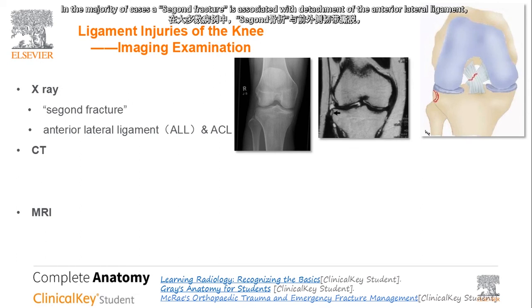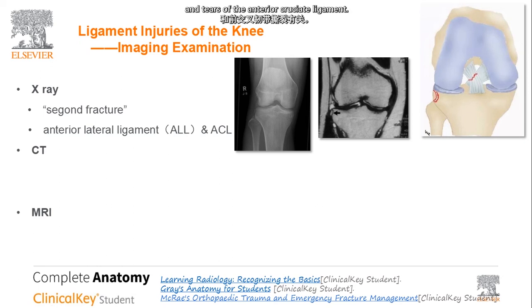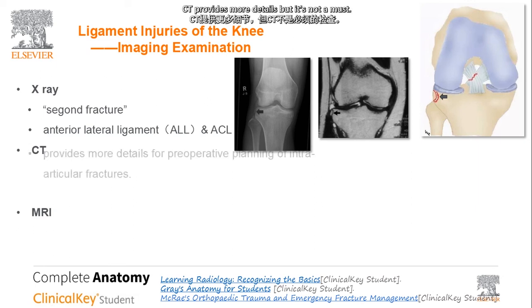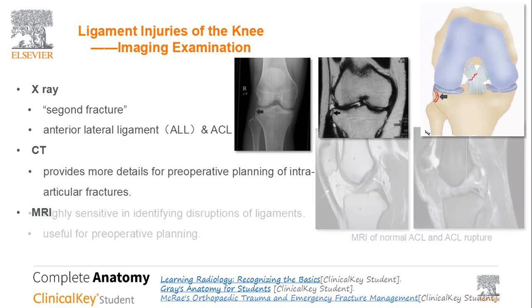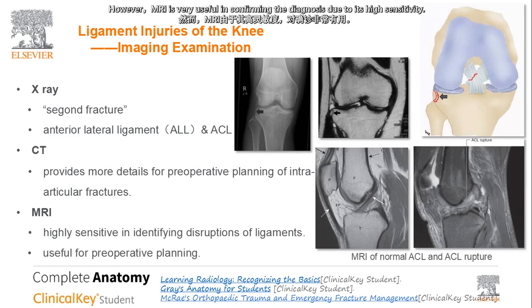In the majority of cases, a Segond fracture is associated with detachment of the anterior lateral ligament and tears of the anterior cruciate ligament. The black arrows refer to Segond fractures. CT provides more details, but it's not a must. However, MRI is very useful in confirming the diagnosis due to its high sensitivity.